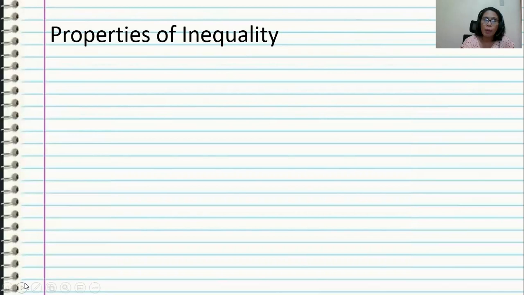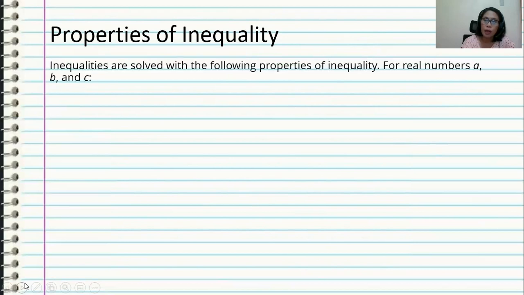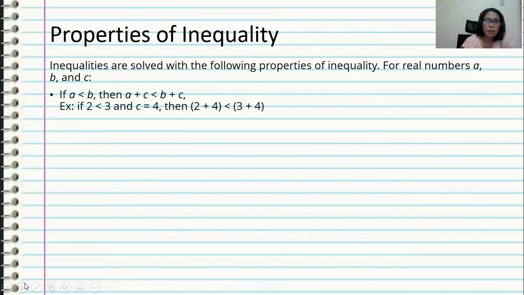Now, before we work on the solutions for systems of linear inequalities, let's recall some properties of inequalities that will be helpful for us. Inequalities are solved with the following properties of inequality for real numbers a, b, and c. If a is less than b, then a plus c is less than b plus c.